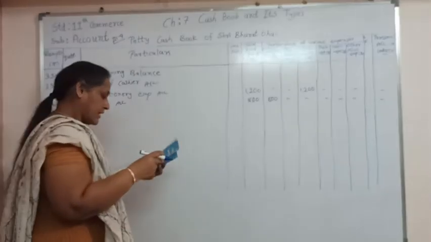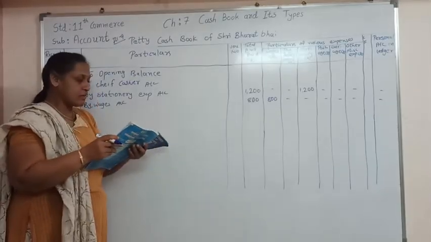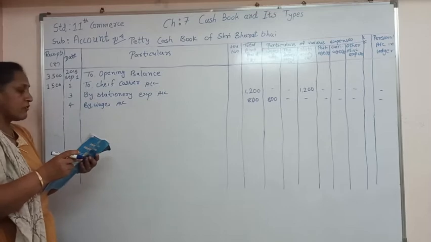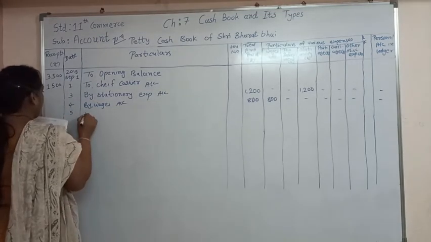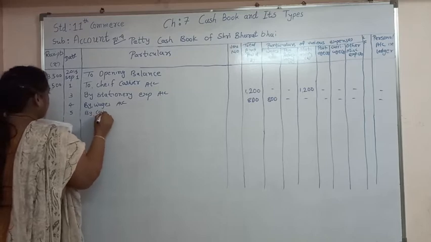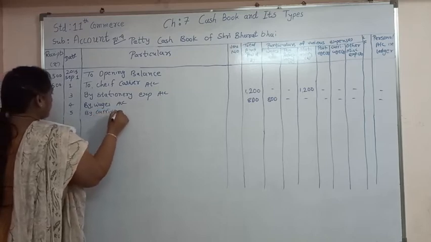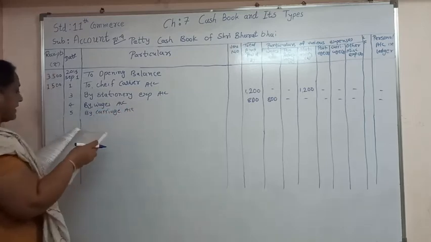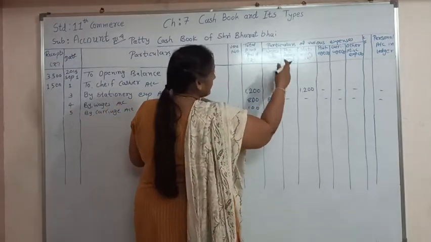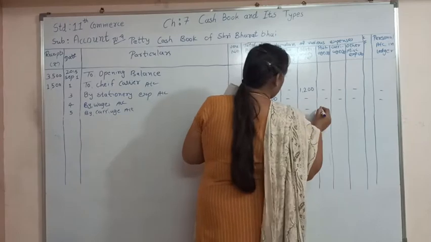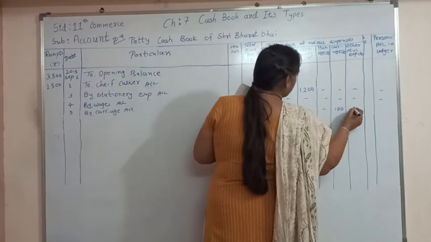Now the next transaction is date number 5th. Rupees 100 paid for carriage. Date number 5, by carriage account, and the amount is 100. Here we write in the column of carriage 100 rupees.